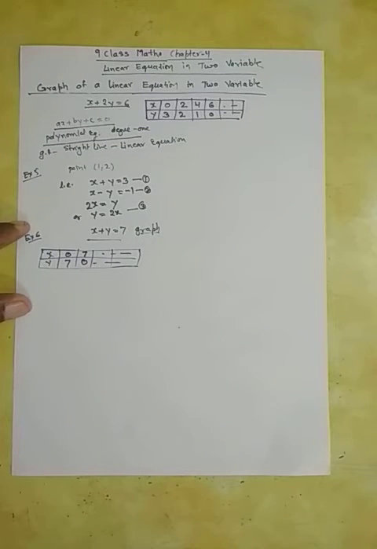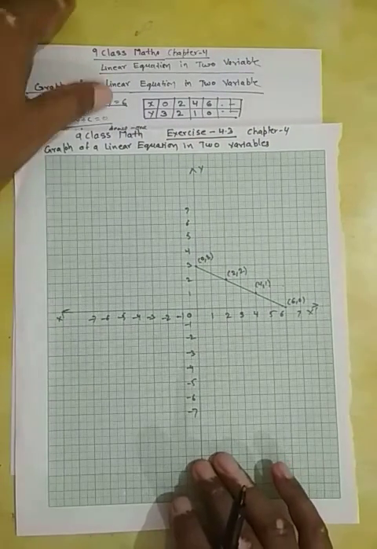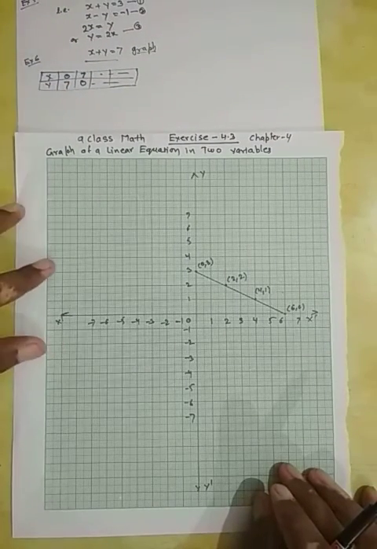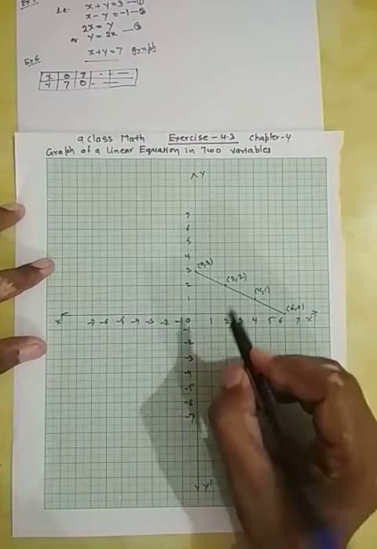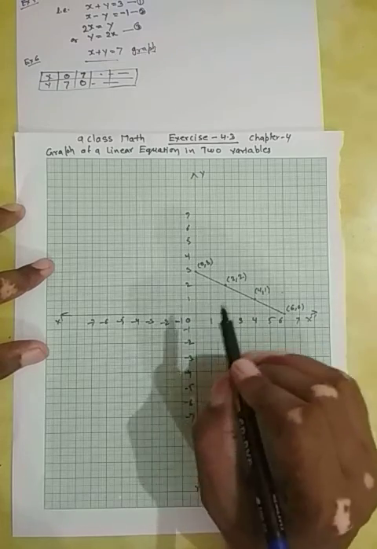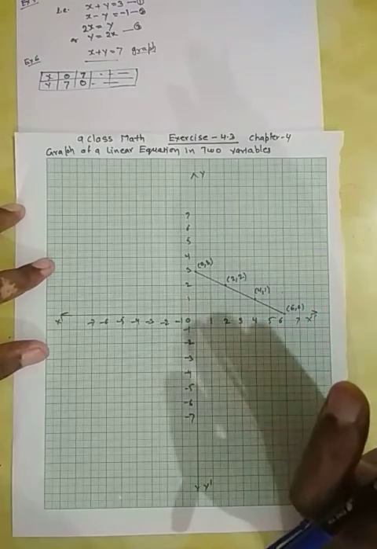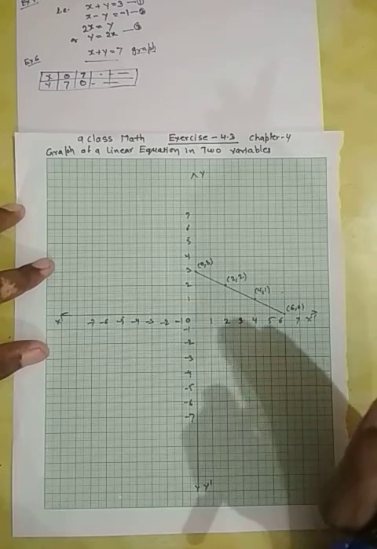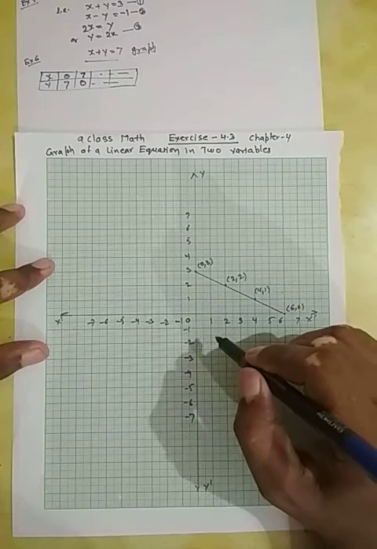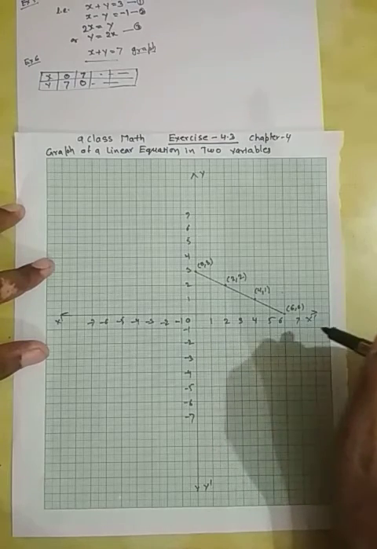Now in graph, we take graph paper and we put this solution in the graph. First we draw the x-axis and y-axis, and then we equally divide the axis and write the real numbers on the axis 1 2 3 4 5 6.